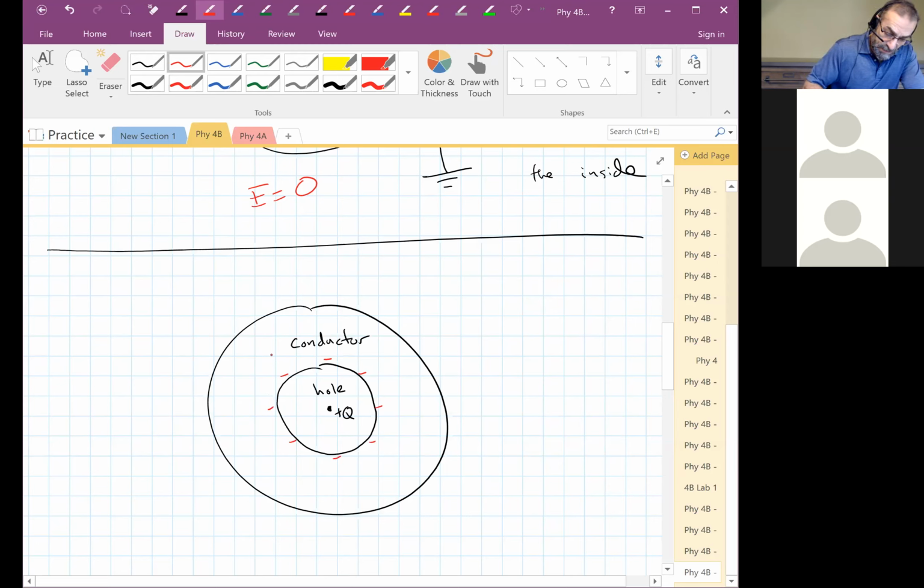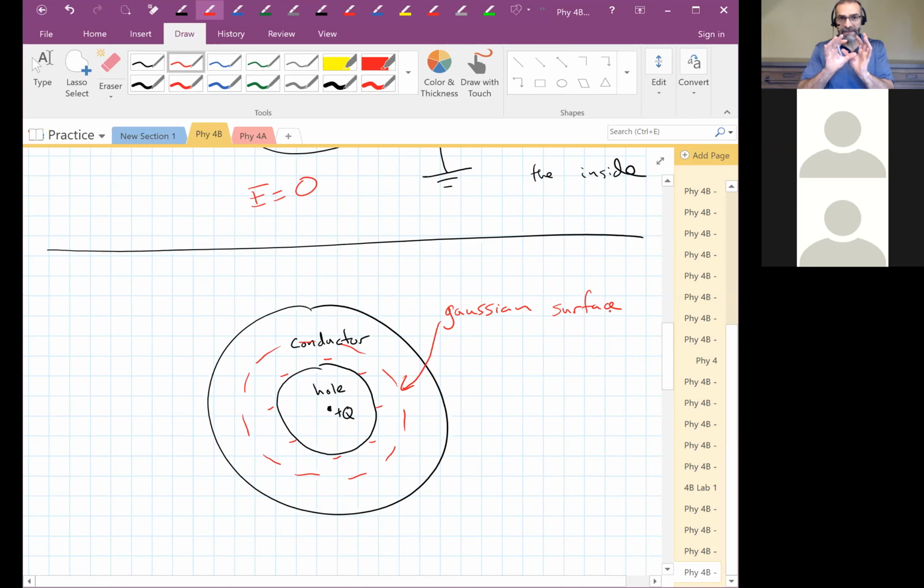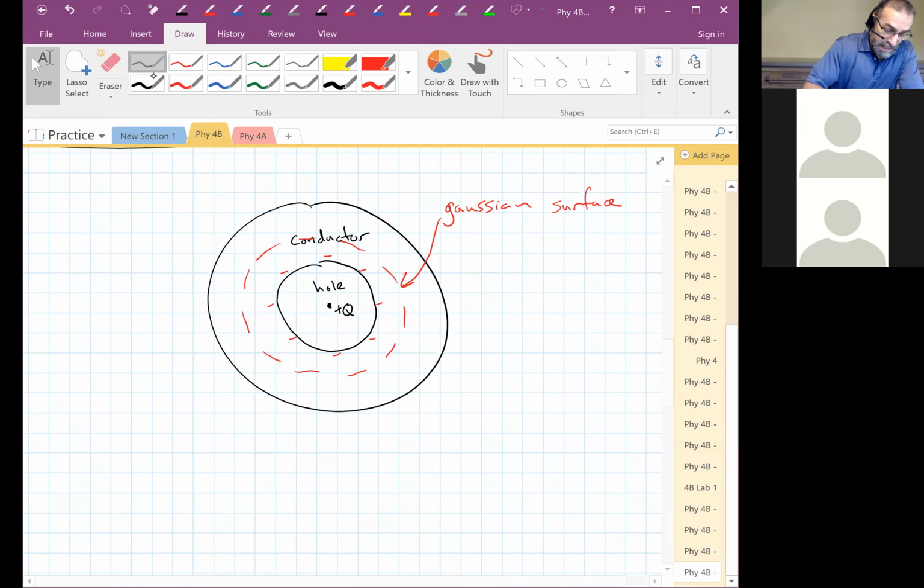If we draw a Gaussian spherical shell, remember, a Gaussian surface is this imaginary surface we impose on our charge distribution. And we say, we know the integral over that Gaussian surface of E dot dA has to be the charge inside over epsilon naught, right?